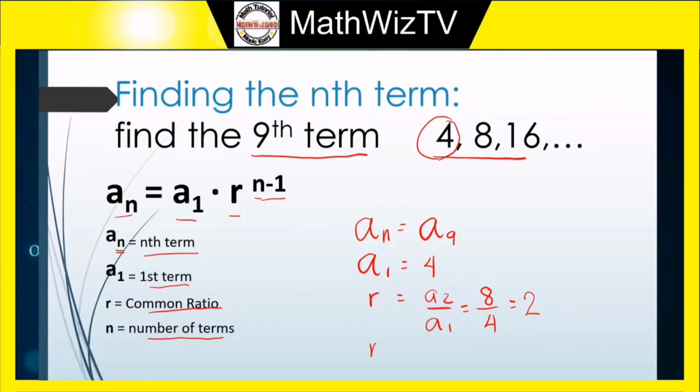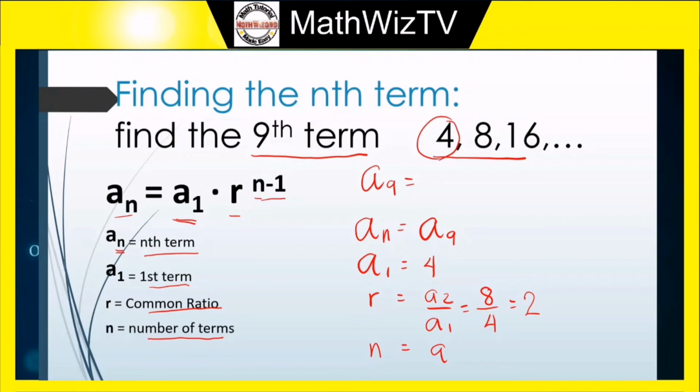And then n is the number of terms. Since we are looking for the ninth term, therefore, the value of n is equals to 9. Now, what we will do is to substitute it in our formula. Again, what is the value of a sub n? So, we don't have a sub n. That's why we change it to a sub 9, because we're looking for the ninth term, is equals to a sub 1.